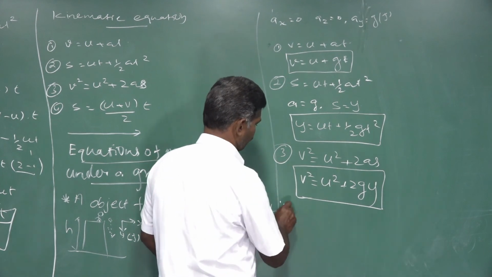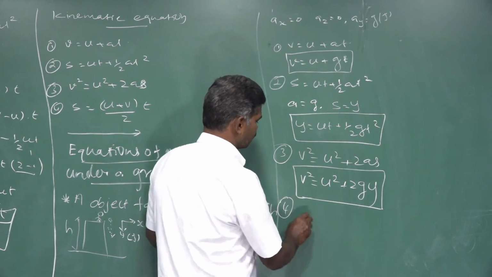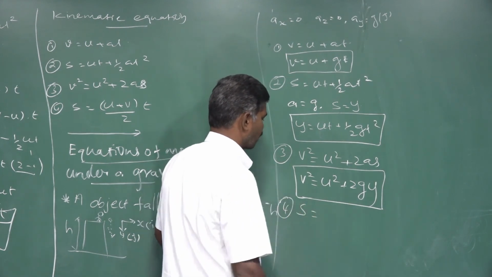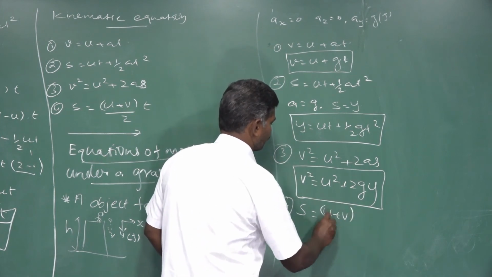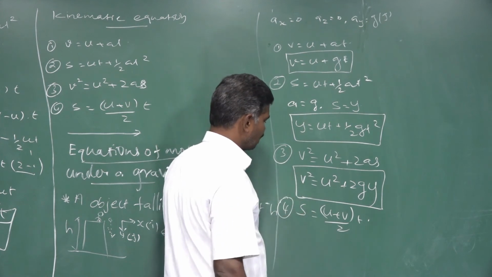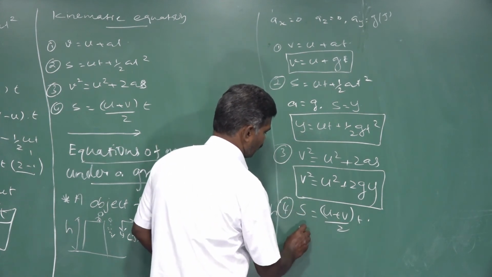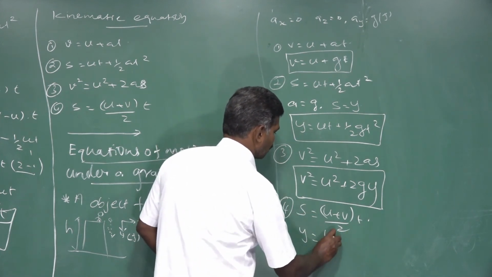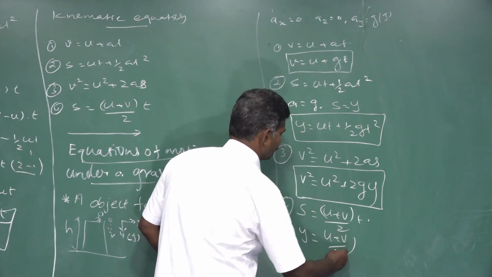Then the fourth equation we have, that is s is equal to u plus v divided by 2 into t. Now instead of s, we can take y. y is equal to u plus v divided by 2 into t.